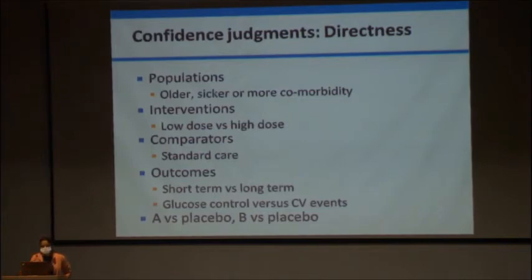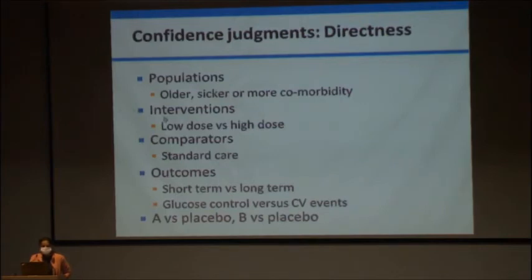So say the body of evidence includes older, sicker patients, you would probably be concerned applying that evidence to practice because the nature of the population is very different from what you're trying to apply to.